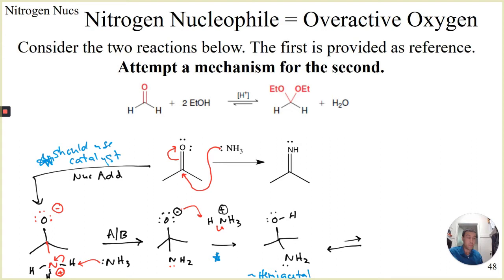But if we had a mild acid floating around, as a general, we could just say H+, we could protonate, kind of like we did with the acetal. The oxygen not wanting to be positive could then leave the structure. And you might say, well, but that wasn't a favorable reaction. You're right, but this is kind of what we're stuck with. When I talked about equilibrium being problematic, this is one of those equilibrium being problematic things.